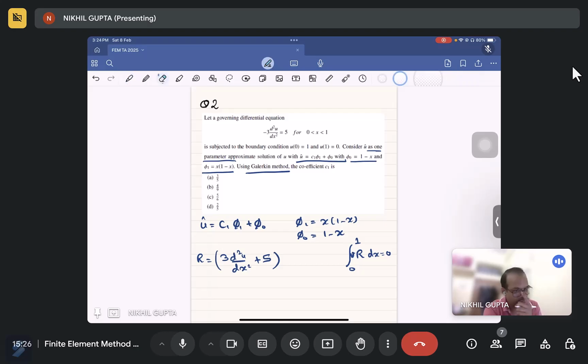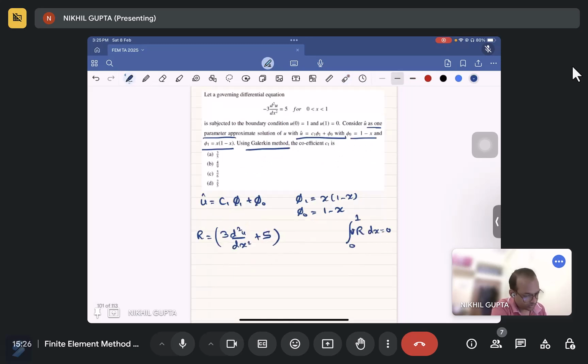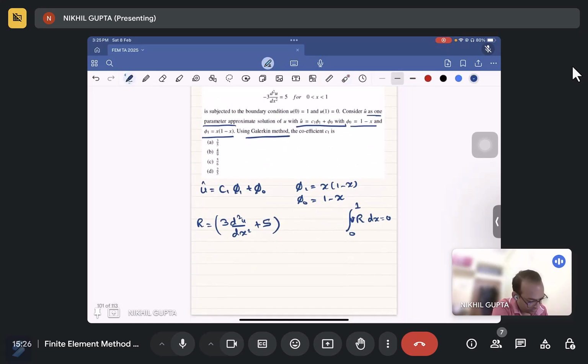Putting in the value of u, we get 3 d2 by dx square of C1 phi 1 plus phi naught, plus 5.